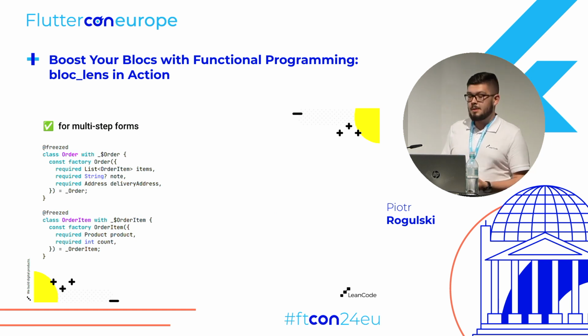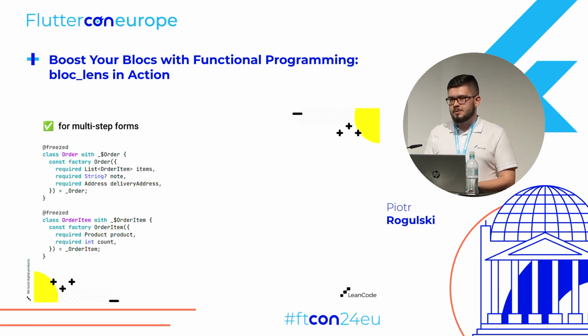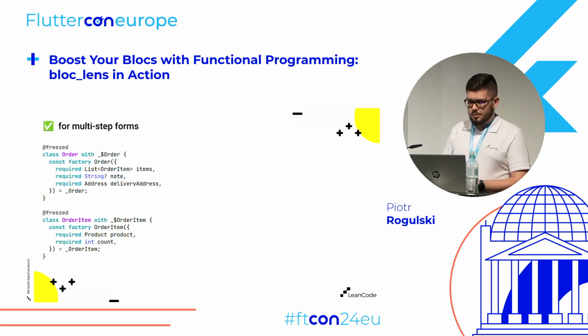So this is what the library is all about. If you have a text field, you usually care about just changing one of the values. If you have a checkbox, it still changes one of the values. So this is also a good idea to use lenses with forms, simply to make your qubits simpler and to make your widgets simpler.